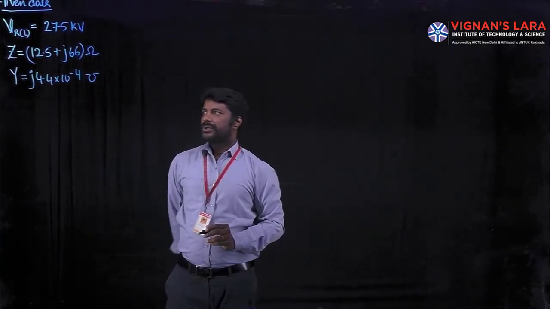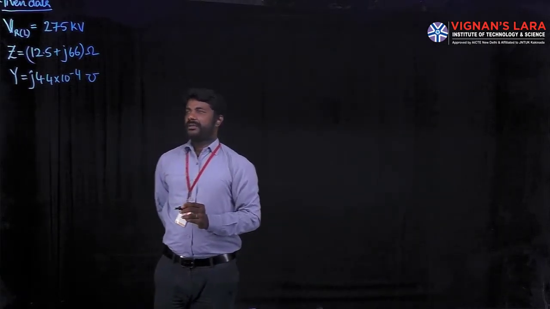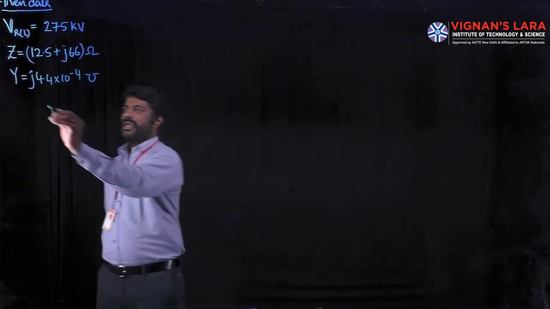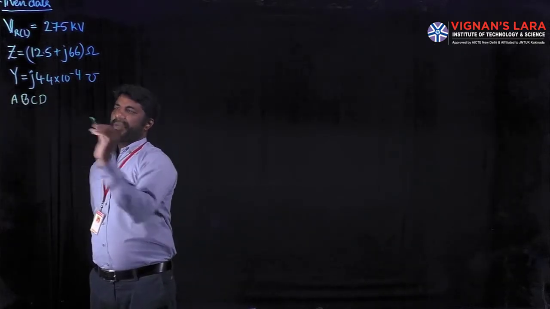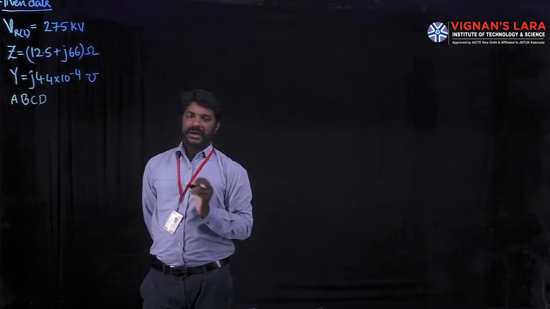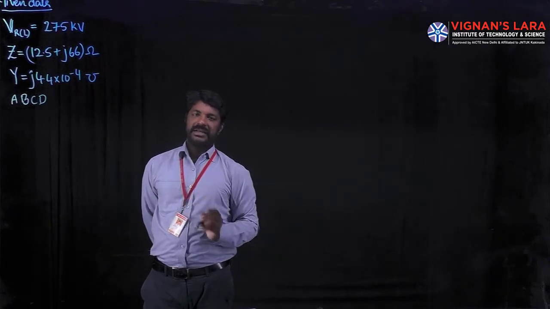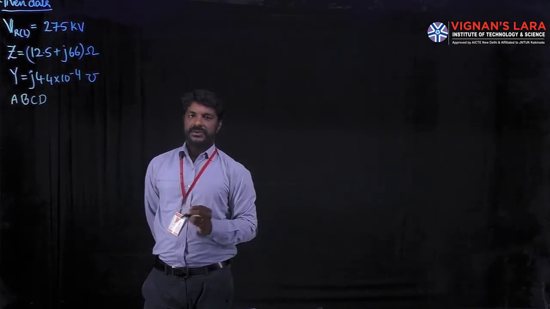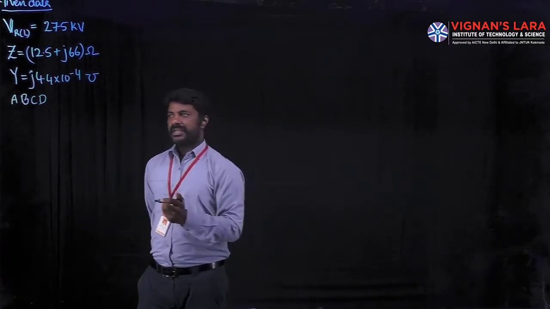Okay, so for this transmission line parameters Z and Y, they are asking us to find out ABCD constants. In the previous problem also we solved for ABCD using two methods, called complex angle method and real angle method, that is, power series and hyperbolic terms. So using any of the methods we can calculate this ABCD.